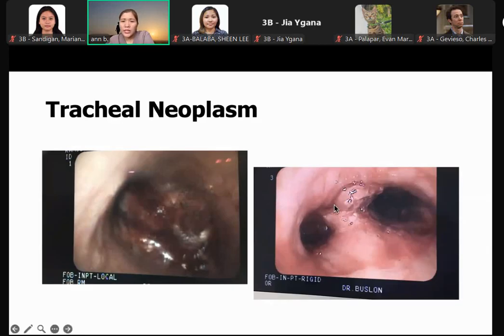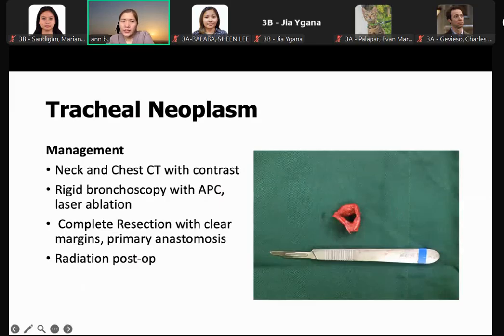Then we open up the airway so that we can give a better quality of life for the patient. Most of these squamous cell carcinomas are metastatic already, so we just need to help the patient breathe. After the procedure, in this picture on the right side, the bronchus is open already.